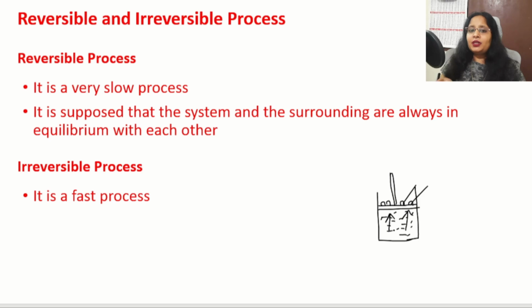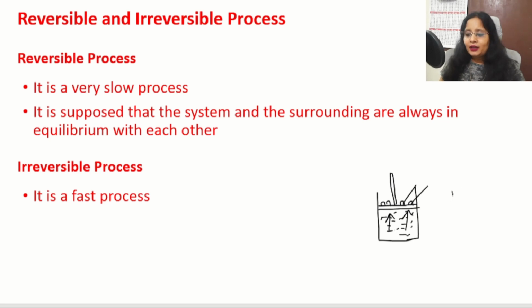It will move only until P external and P internal, the external and internal pressure, are in equilibrium. This type of process in which small changes occur is called a reversible process. In this type of process, at any time we can put a small weight back and reverse the process at any instant of time.